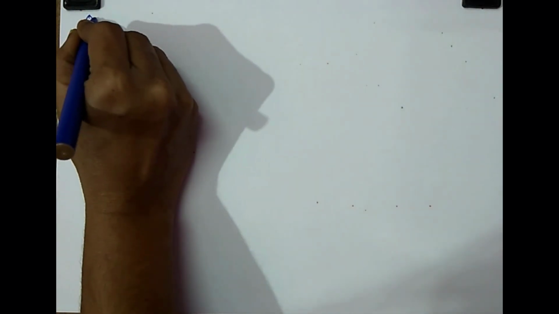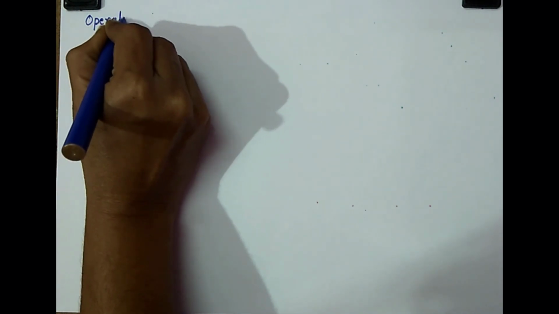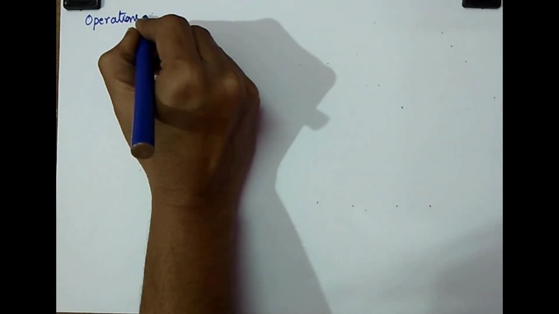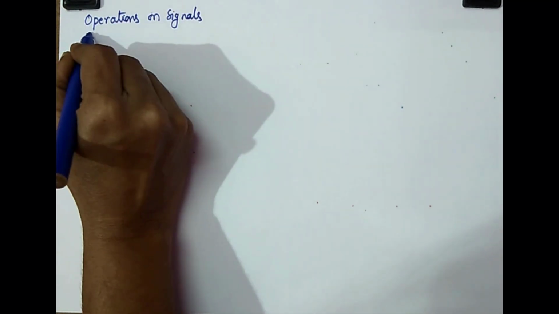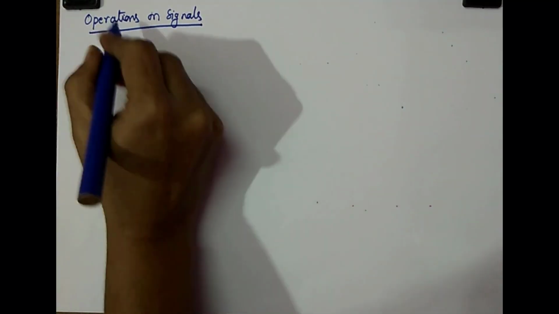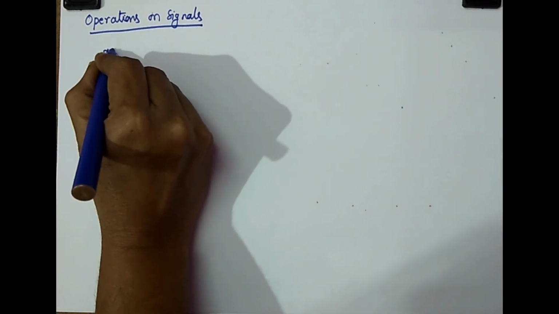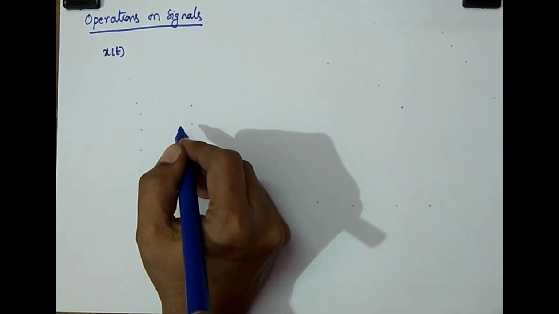Class, I want to explain operations on signals. Actually, the signal representation is x of t, we know it.